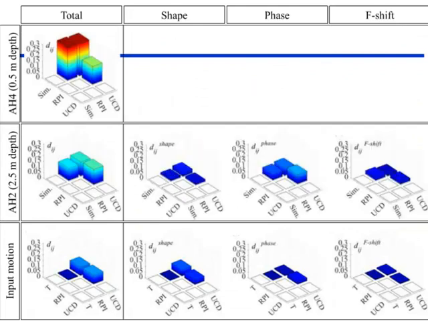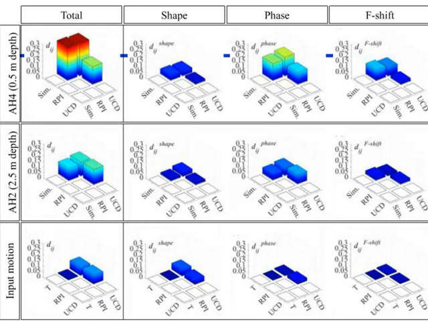So we conducted a discrepancy analysis for the recorded and computed motions. At the bottom, I have a comparison between the input motions and the target motion, and it shows that the discrepancy between the input and the target motions is relatively small, and is due mostly to shape discrepancy.